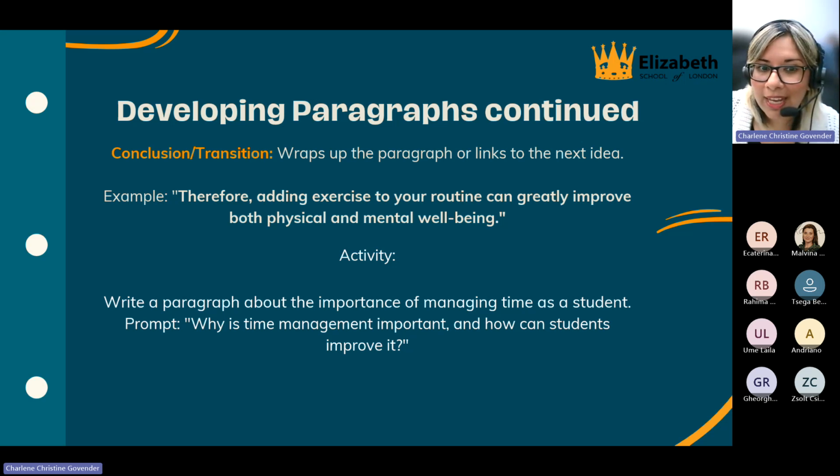Okay. So at its core, your paragraph sentence with conclusion or transition is going to wrap it up. It's going to either end off your paragraph very nicely or link to the next idea. And one way we can show transition or links is by using transition words.